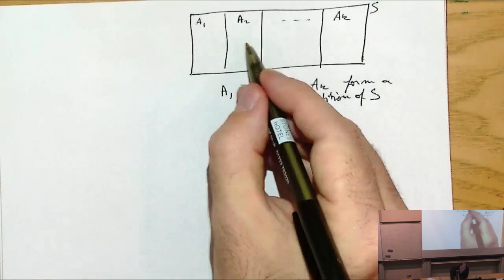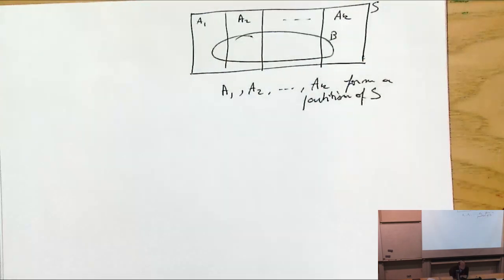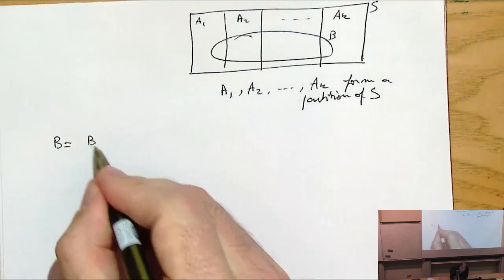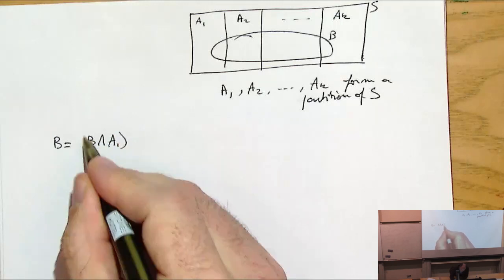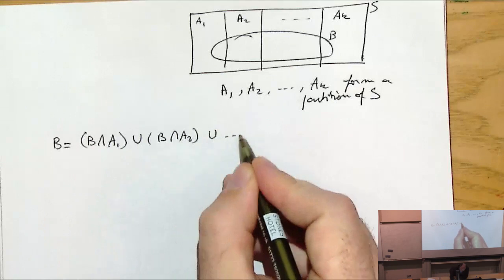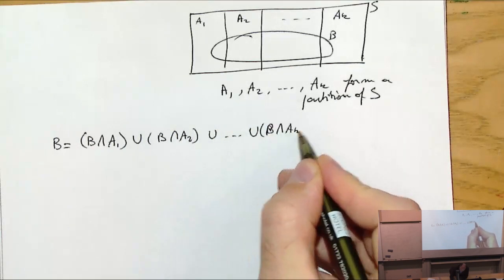And in general, I can always write a certain set B as a disjoint union. So B is equal to B intersection A1 union B intersection A2 union all the way to B intersection AK, right?